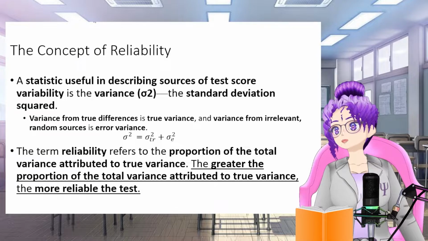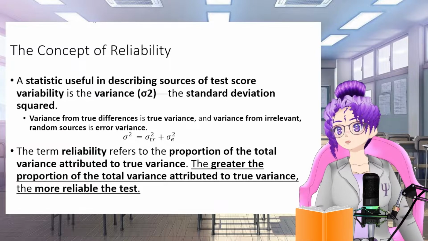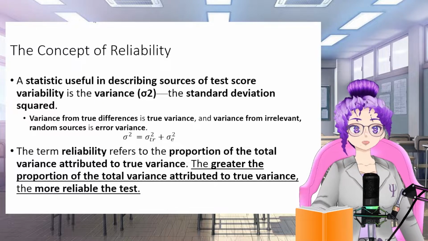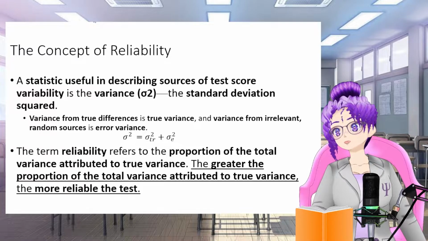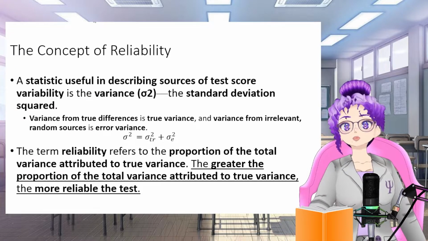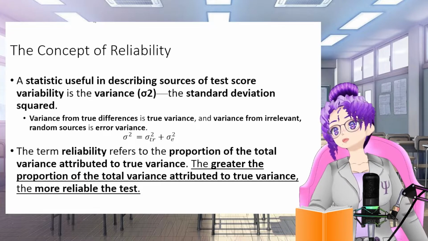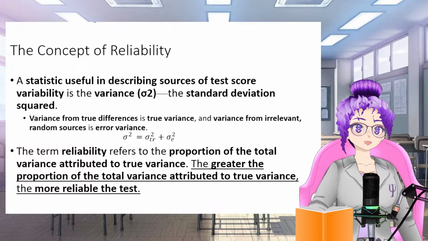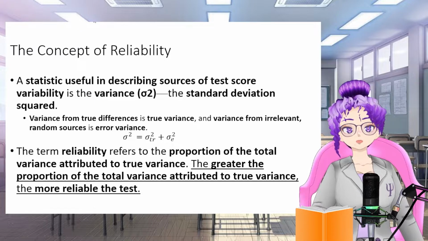So variance from true differences is true variance, and variance from irrelevant random sources is error variance. Thus, this formula: sigma squared equals sigma squared true, which is the true variance, plus sigma squared error. So it's kind of the same as the classical test theory formula, but we usually use the statistic, which is the variance.